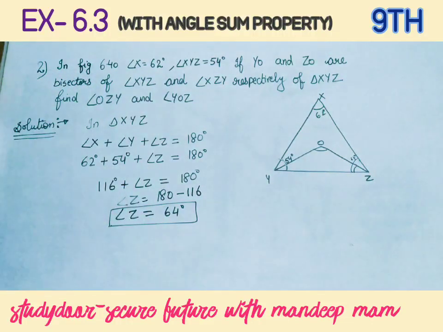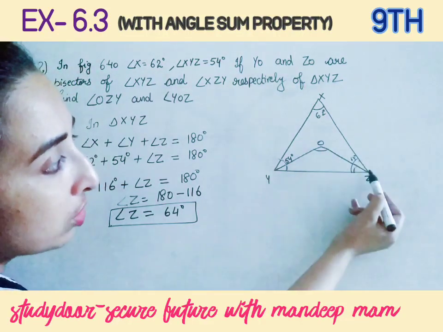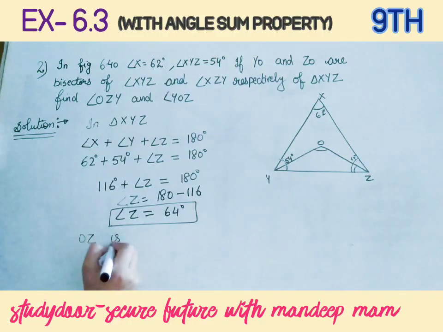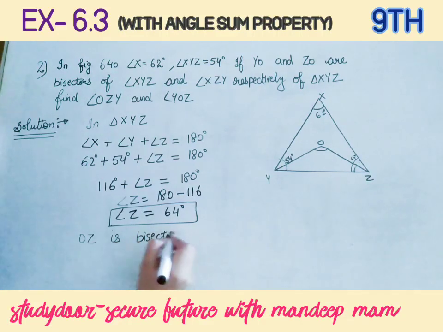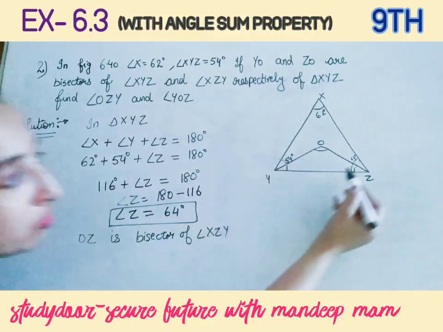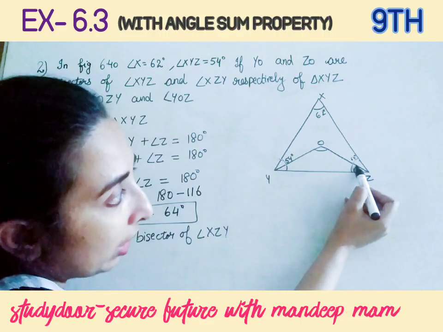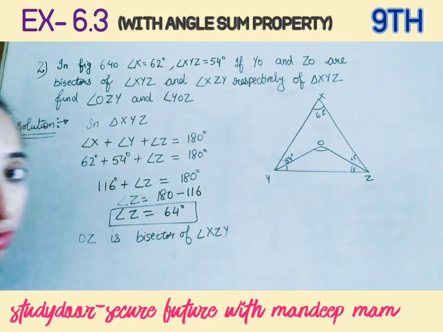Now we have to find out angle OZY. We know that OZ is the bisector of angle XZY, so this will be half of the full angle. It is a bisector, so it bisects angle 64 into 2 equal parts.